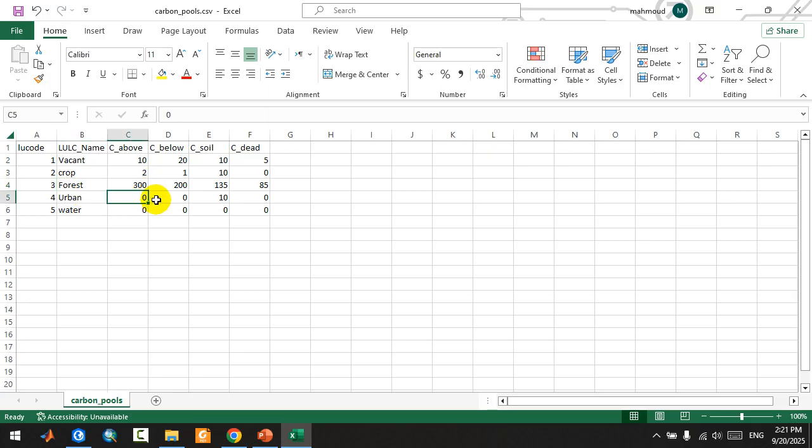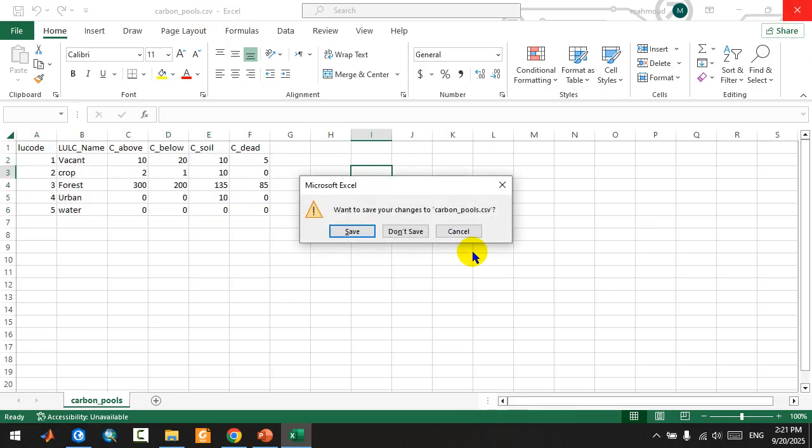For urban, 0 in the above ground; in the soil of urban, the organic matter in the soil is 10 metric ton carbon per hectare. Okay, for water it is 0 for the four carbon pools. Okay, this table in Excel and CSV format needs to be imported to InVEST software.